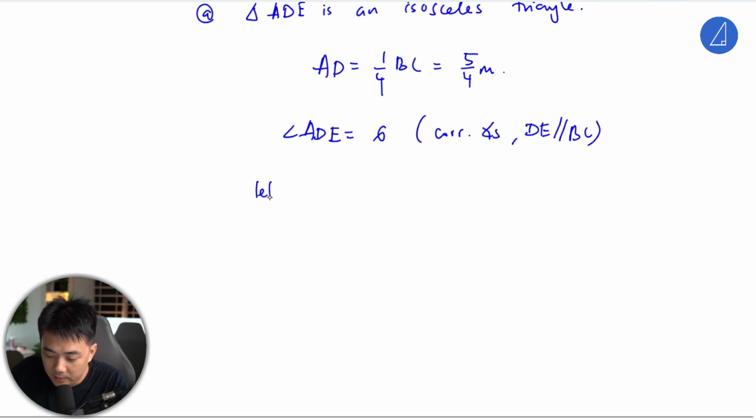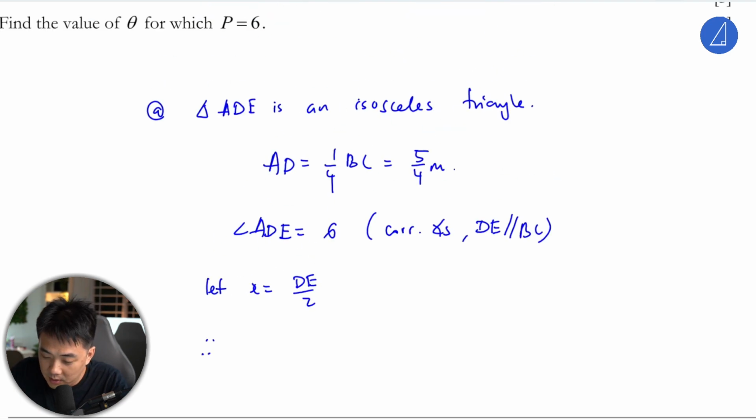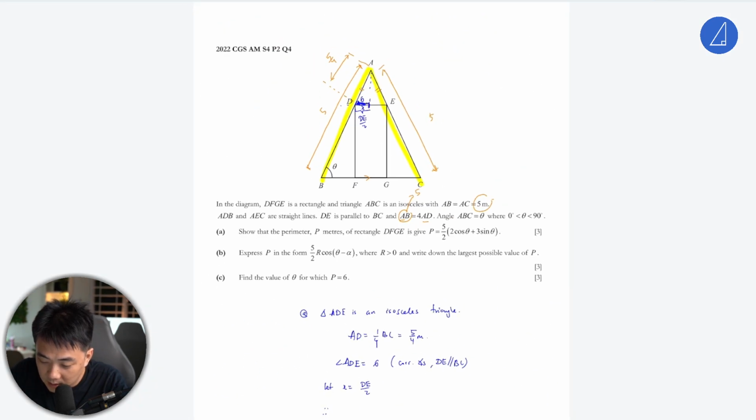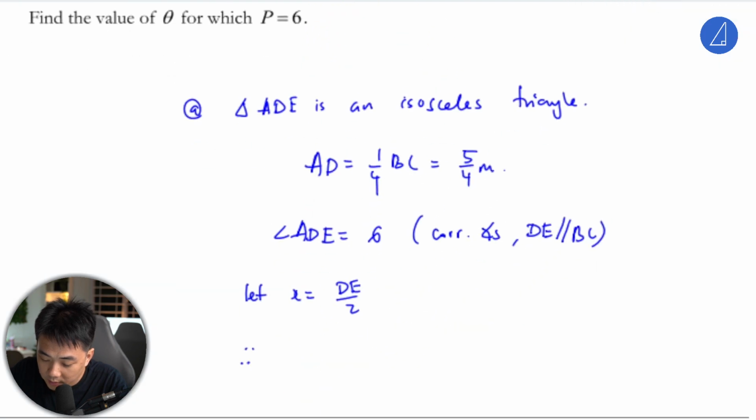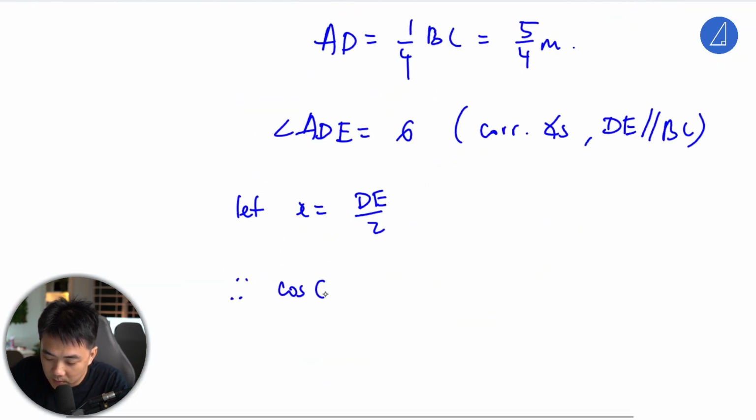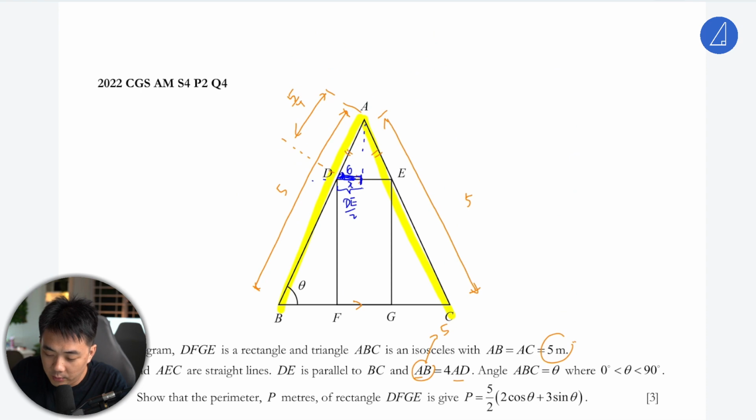Let X be DE over 2. So hence is it cosine? Cosine theta is X over 5 over 4. So cosine theta is equal to X over 5 over 4. The hypotenuse, okay, the hypotenuse is 5 over 4.